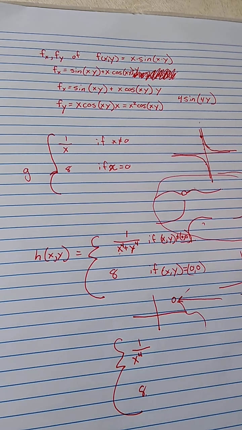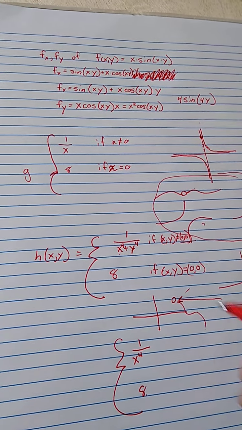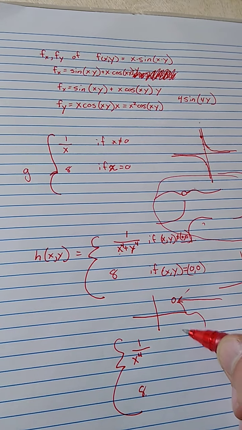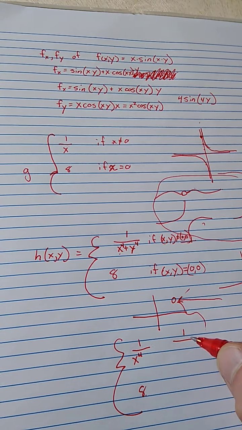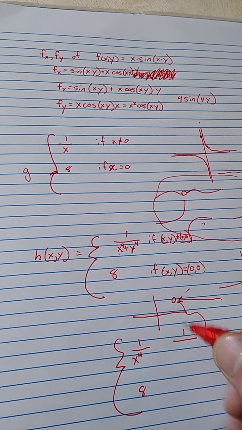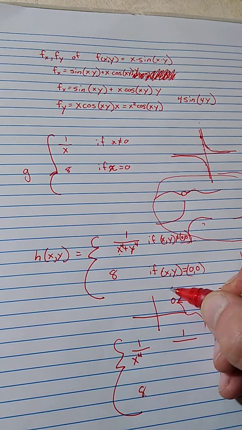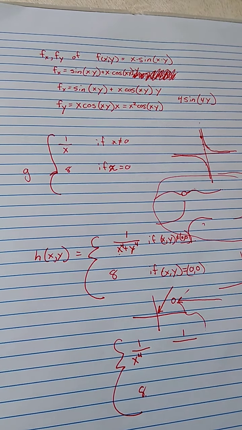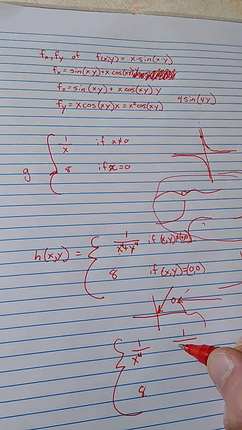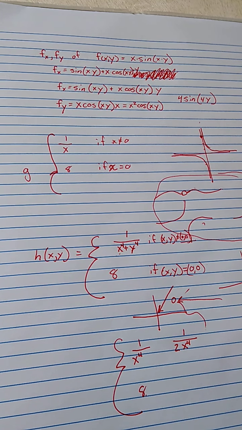Okay. But we could also pick the line where we restrict to the case where x equals y. So we're coming in on a diagonal in this way. Well, then I could reduce this to 2x to the 4th.